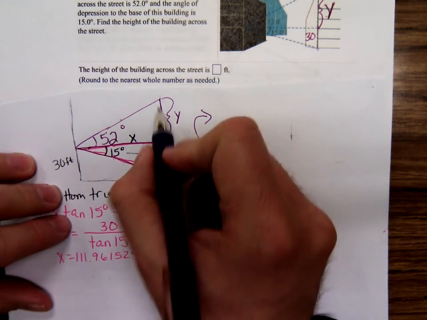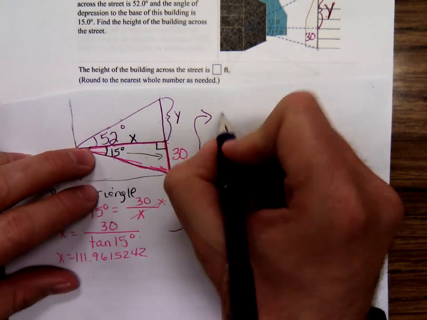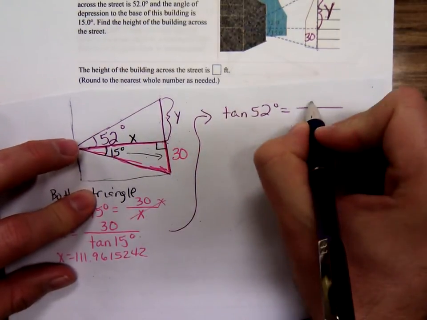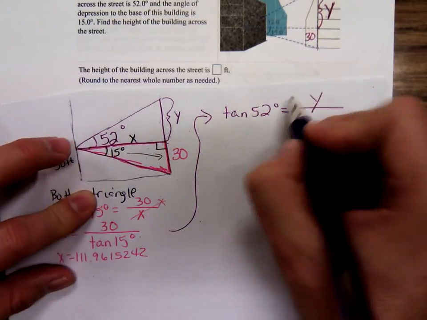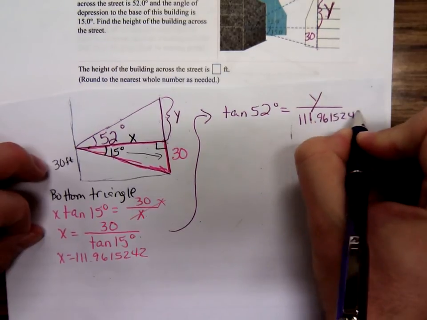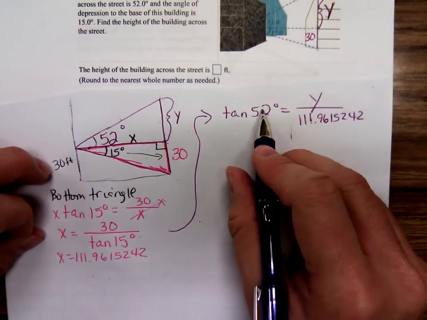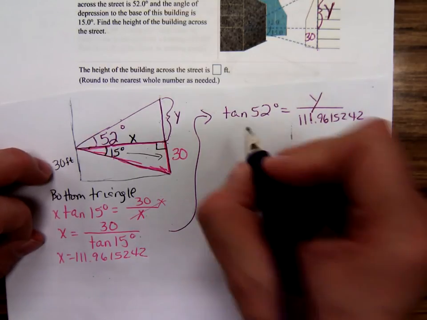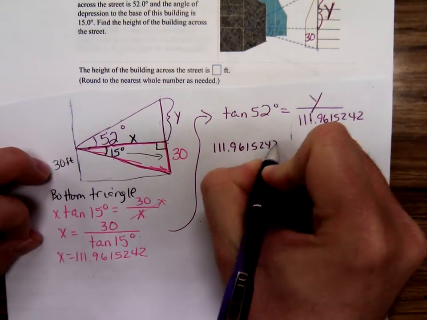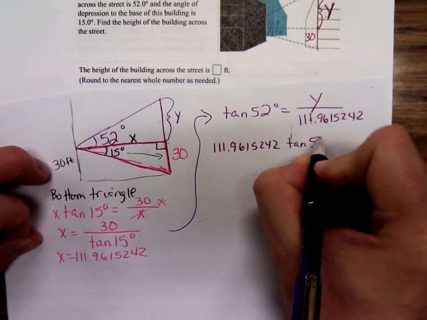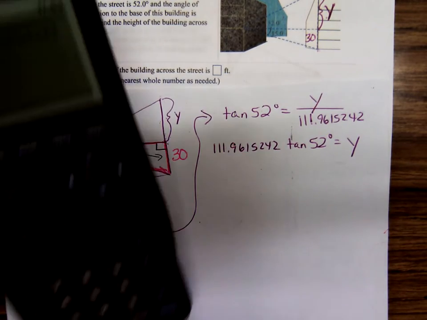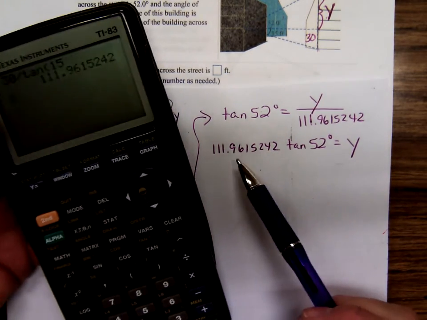So looking at the top triangle, this is another tangent. I can say tangent 52 degrees is opposite over adjacent. So multiply both sides by that 111.96. Heck, there's that number already showing in my calculator.